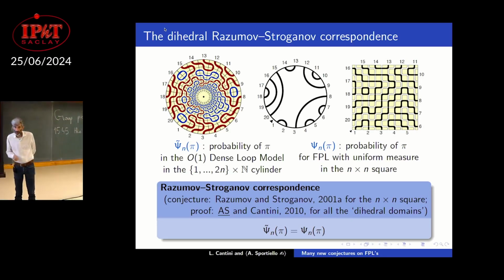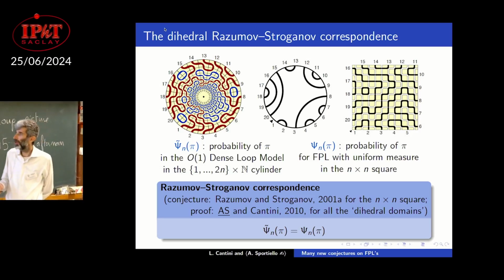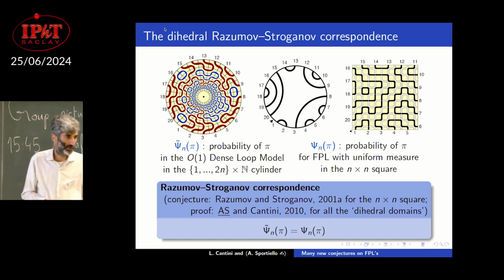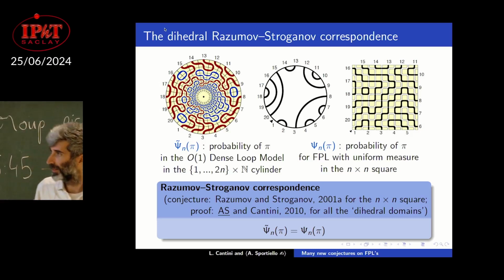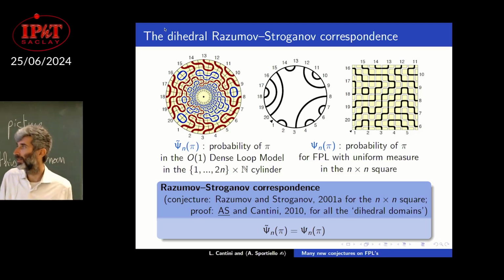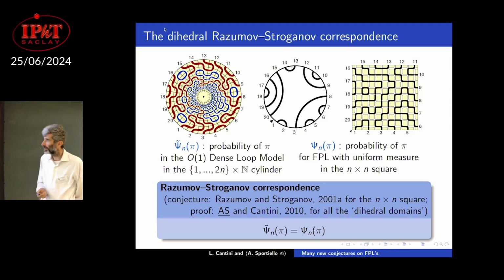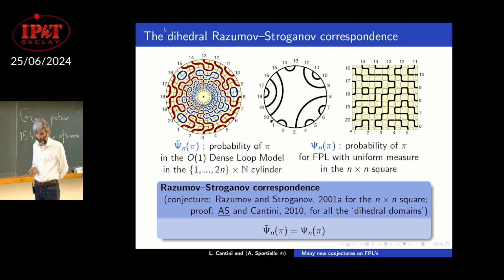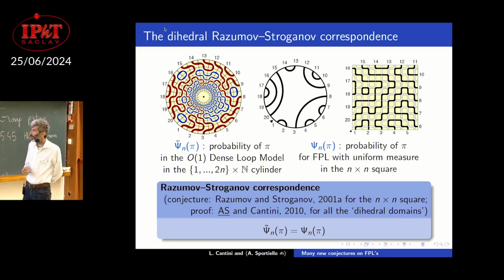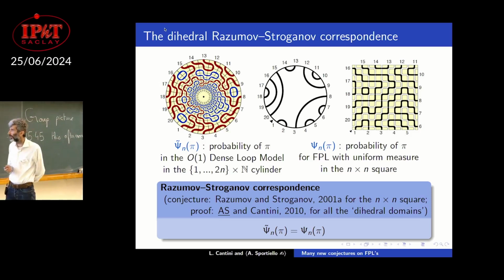So this was conjectured for the square domain here in a paper by Razumov and Stroganov in 2001. I call it 2001A, the first one of two that appeared in that year, and it has been proved by Cantini and myself in 2010 as a preprint, for all families of domains that we call dihedral domains.